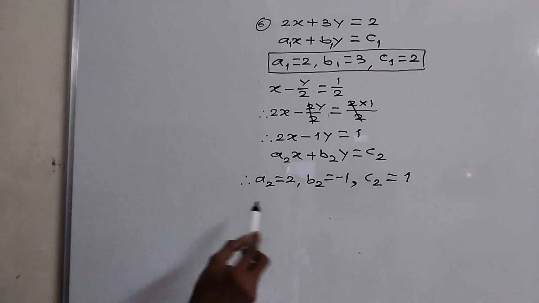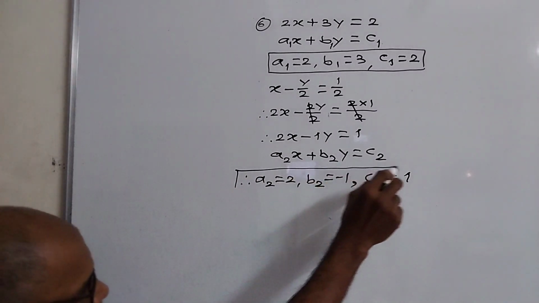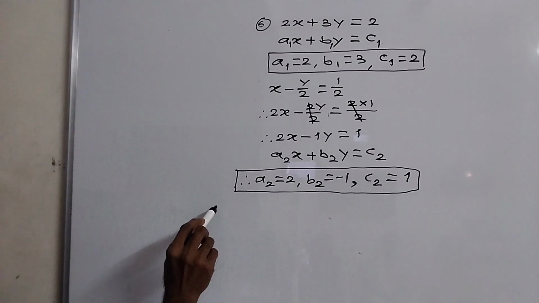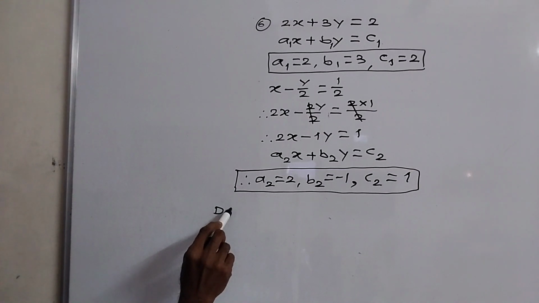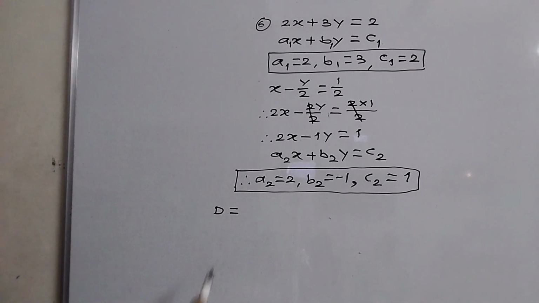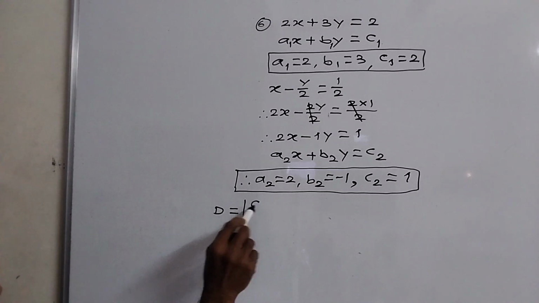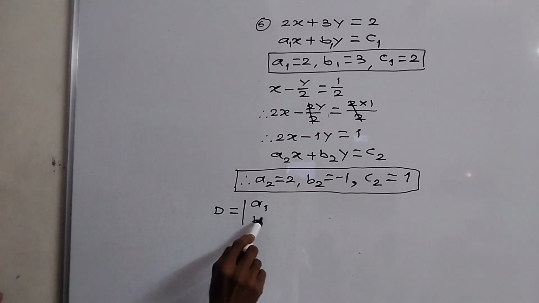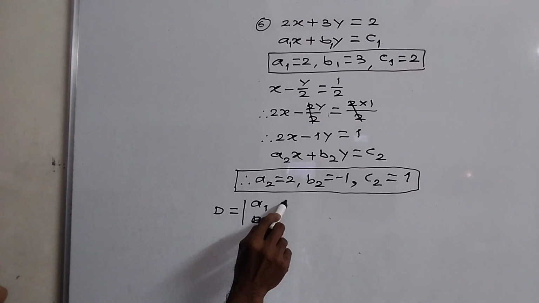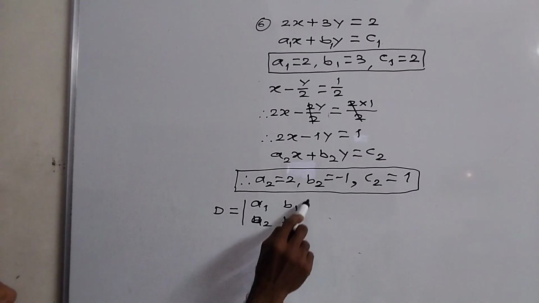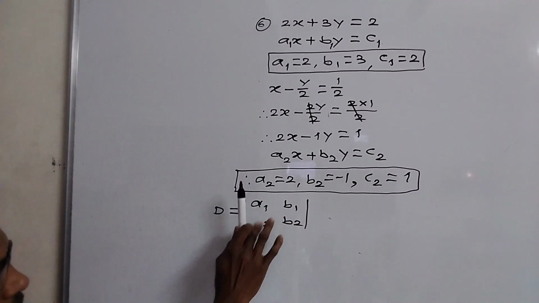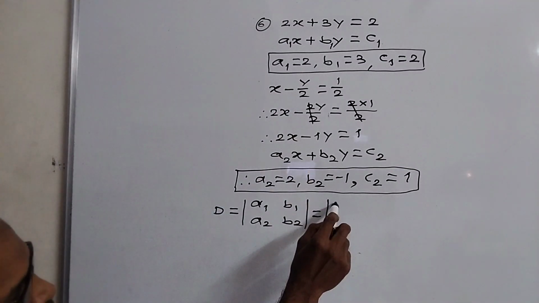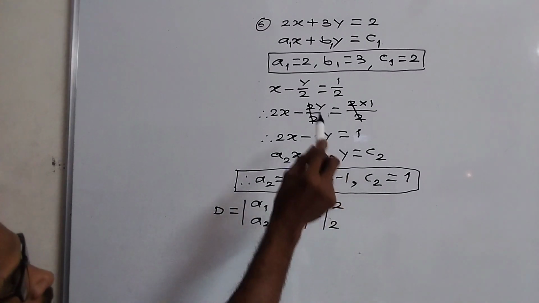Okay, now after getting these values we use the formula. What is first? D. Determinant D is equal to a1, a2, b1, b2. Did you understand? Now we put values. What is a1? 2. a2? 2.